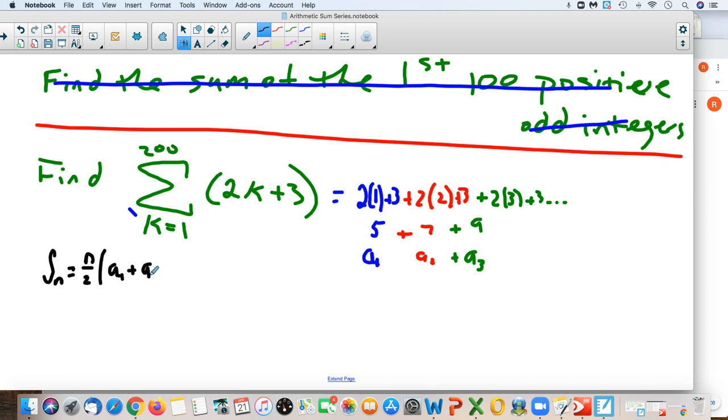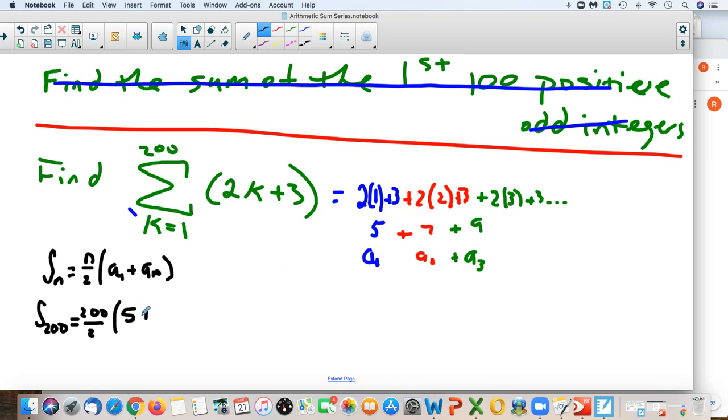Now, I see something. I know I want 200 terms because it goes 1, 2, 3, 4, 200 terms. So we have the sum of 200 terms equals 200 divided by 2. I know the first term of the sequence. I got that right here, 5.